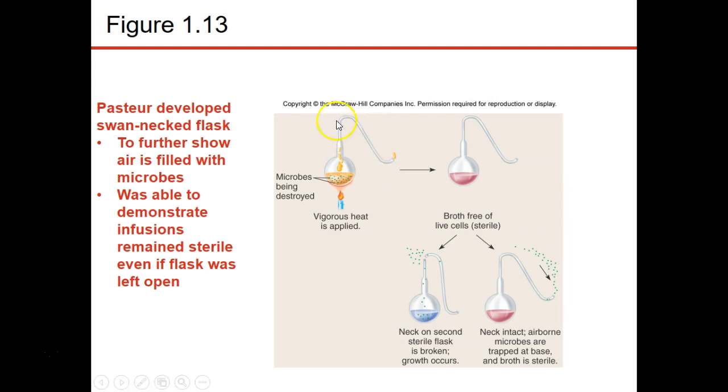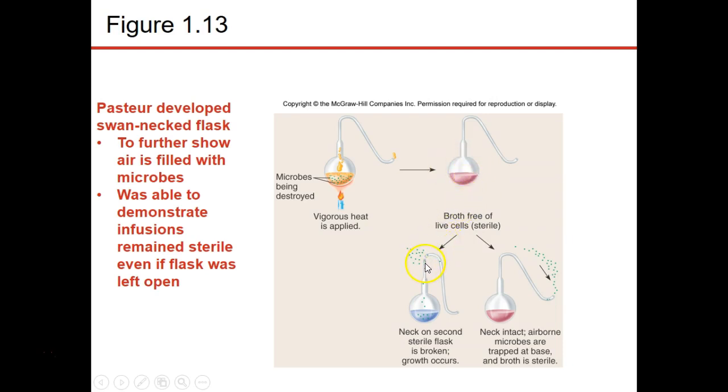But air could still flow in. And because of that, the broth, when it got boiled, the microbes that were there were destroyed and they never grew again. And so he could set this flask for weeks, months, even years, and nothing would grow.